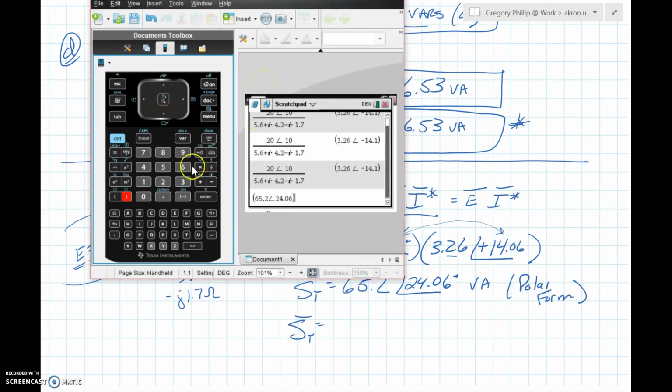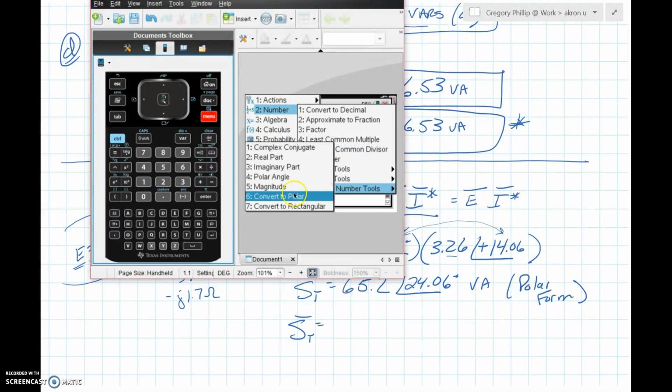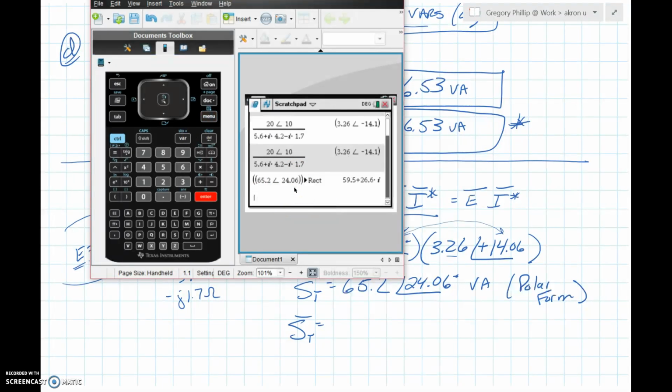Now I need to convert it. So I hit my menu button, go to number 2. I can punch in 2, then 9, and then I want to convert to rectangular. And I hit enter.